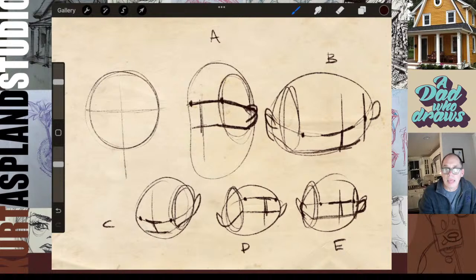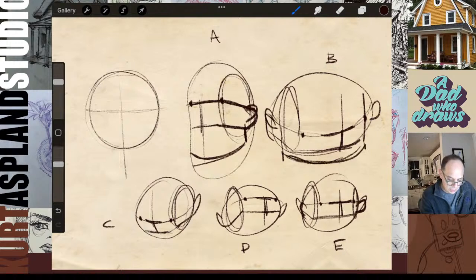So on A, I'm going to drop a little line right by the ear, because that's where the front of the ear is, that's where this corner is, and then I'm going to sweep it around. All right? And let's do that to B too. I'm going to drop it down, and I'm going to sweep it around.